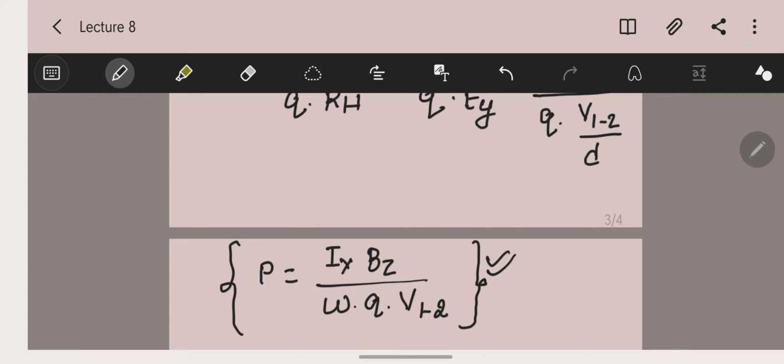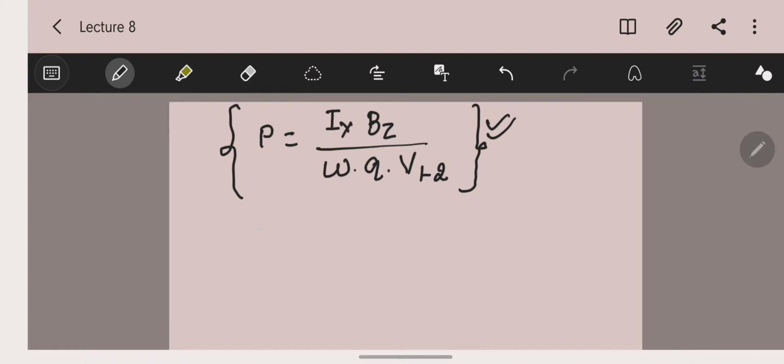Now further, if the resistance measurement is done and that resistance is R, in that case we can find the specific resistivity of the specimen. Suppose that resistivity is specified here as rho dash, because earlier I represented rho as a charge density.